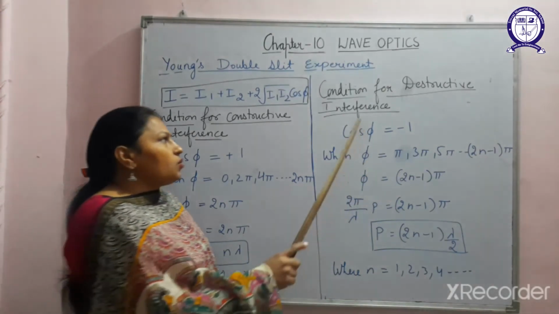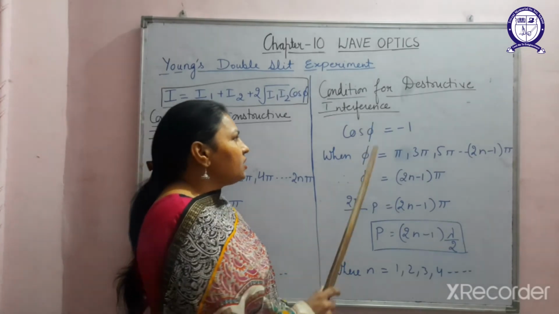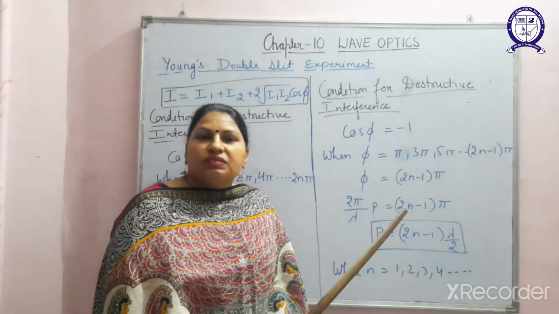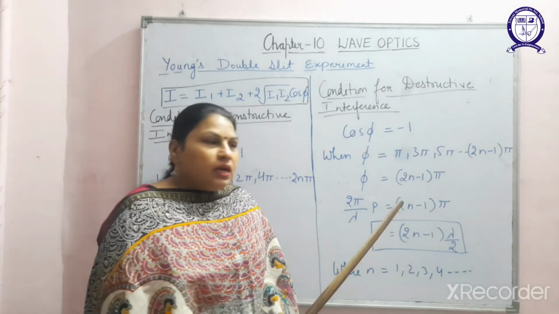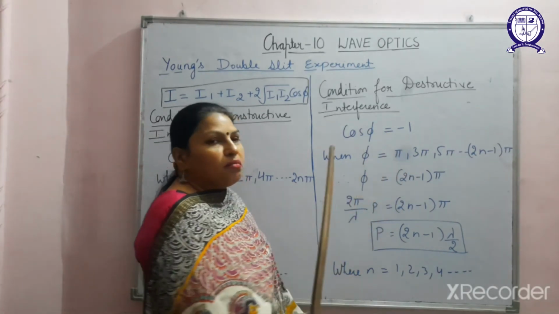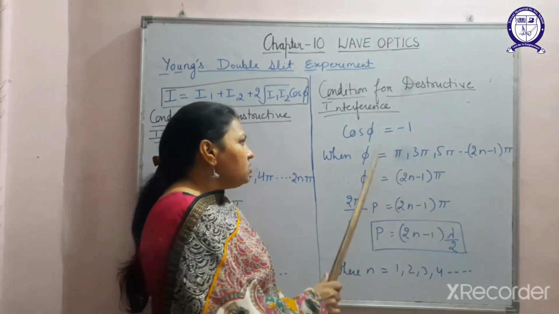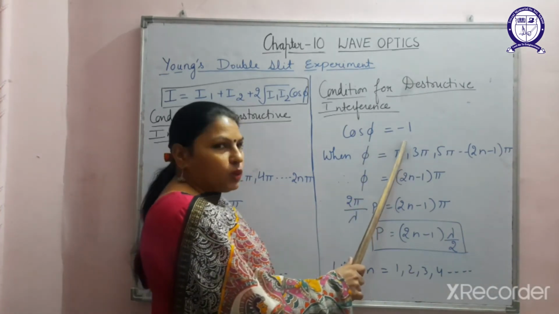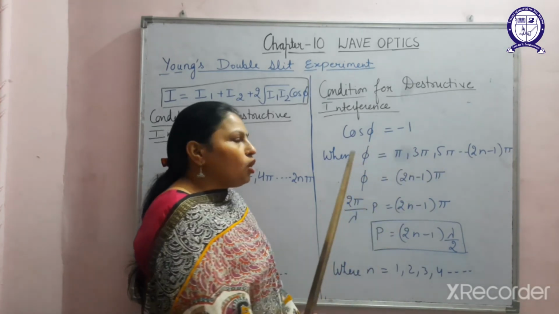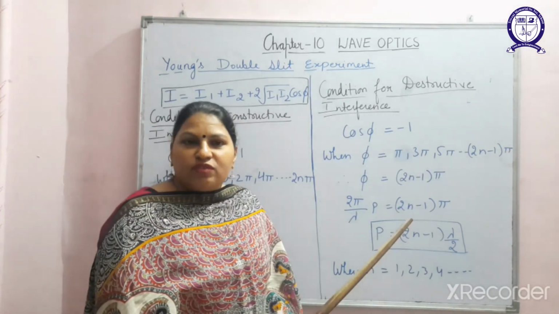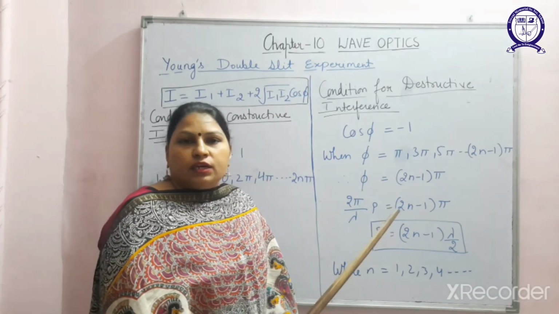Now we are going to calculate the condition for destructive interference, and for this we know that the displacement should be minimum, and that condition is cos phi equal to minus 1. Cos is always minimum at minus 1. So phi should be equal to pi, 3 pi, 5 pi, or an odd integer multiple of pi, which is 2n minus 1 into pi.